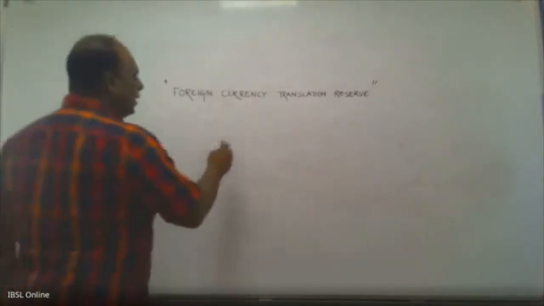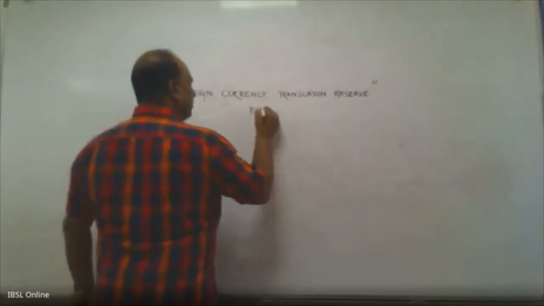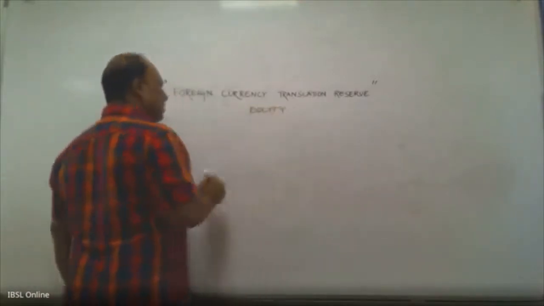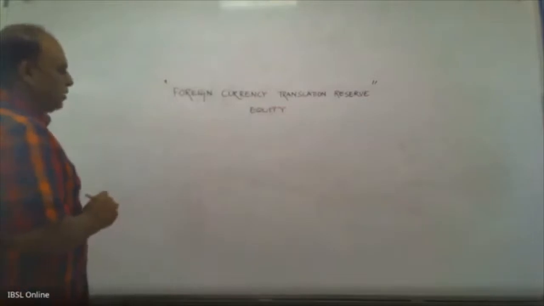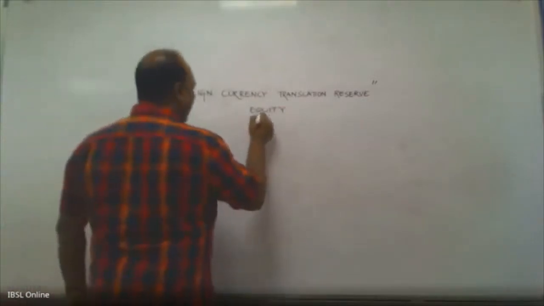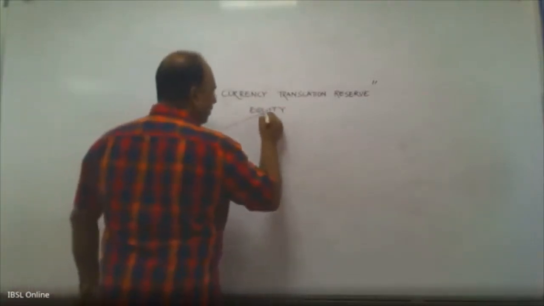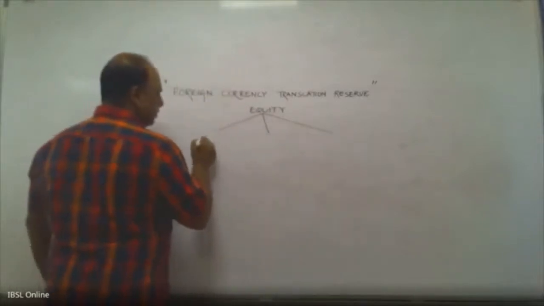Okay, so when you look at a company's balance sheet, you have assets, you have liabilities, and then you have equity, right? Now, when you look at your equity, I am going back to the very first topic, the accounting equation. So the equity had, let's say, three elements.